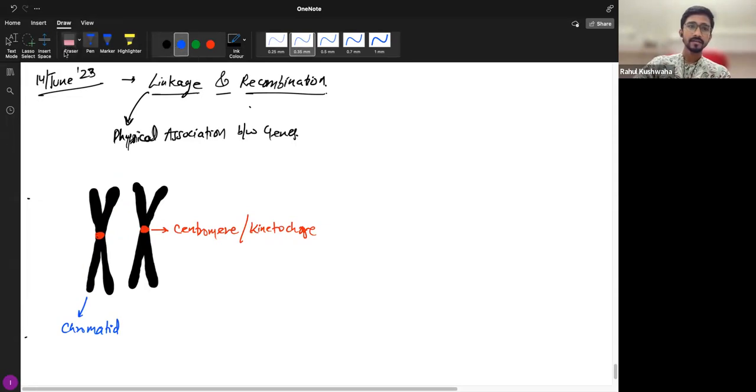Let's say this is chromosome number 1 and it comes from the mother, and this is also chromosome number 1 which comes from the father. In this case, if both the chromosomes are the same, they will be called a homologous chromosome pair.